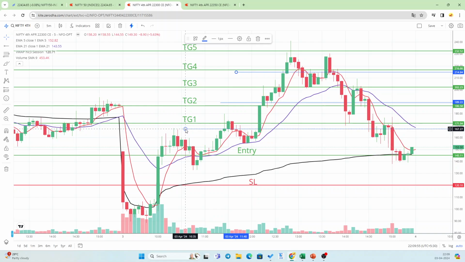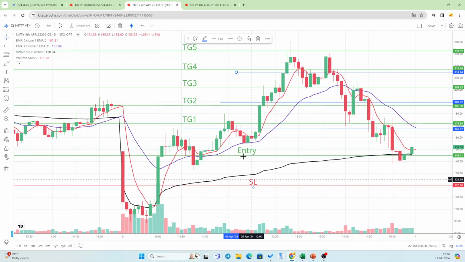Once it has already reached this, those who are ready to take the risk, where the SL is only 25 points, can change the SL to the entry point once it touches target 1, so that there will be no loss.